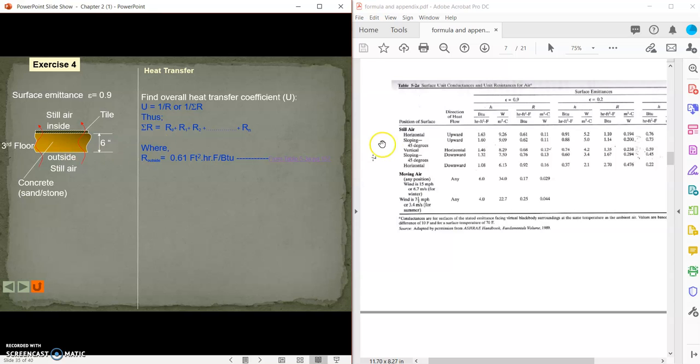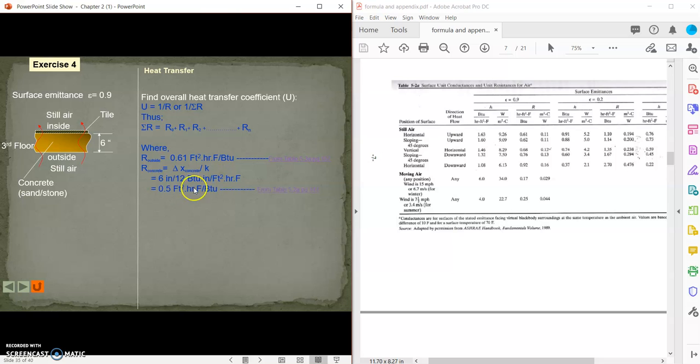The position of the surface is horizontal. And then the direction of heat flow is either upward or downward, but now the direction of heat flow is going upward. So horizontal, upward, and then the R value is 0.61 here.